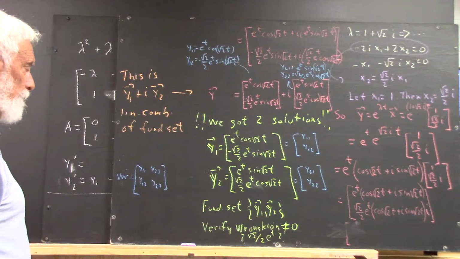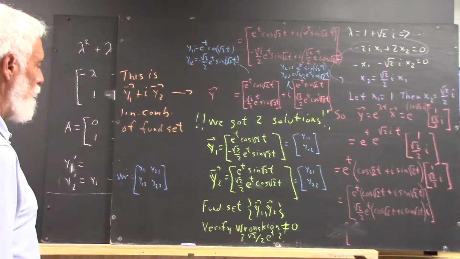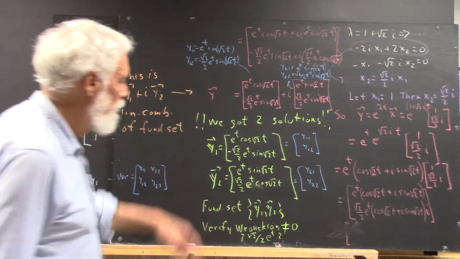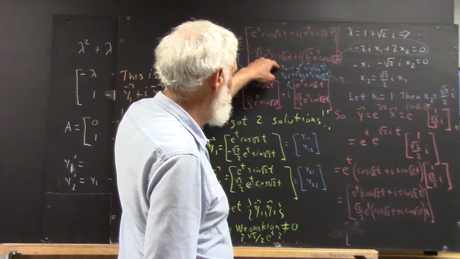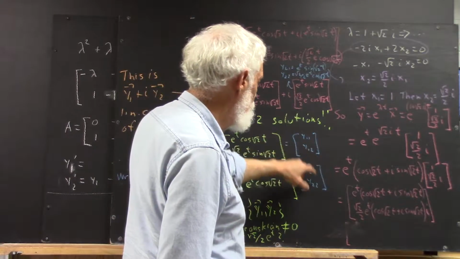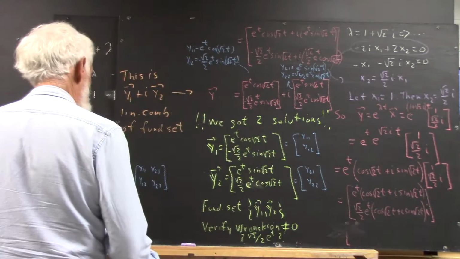Those should be columns. I probably should have called that y11 and y21. That should have been y21, that should have been y12. So y21, y12.